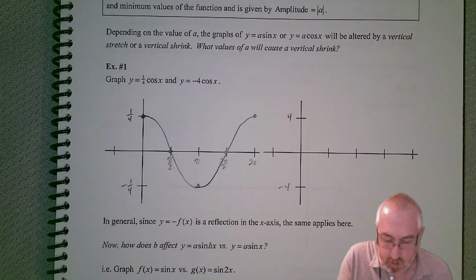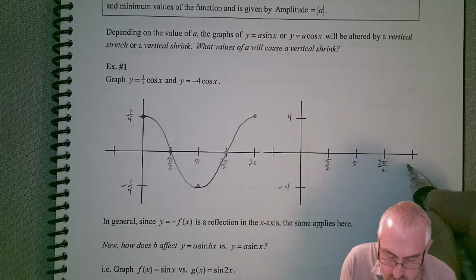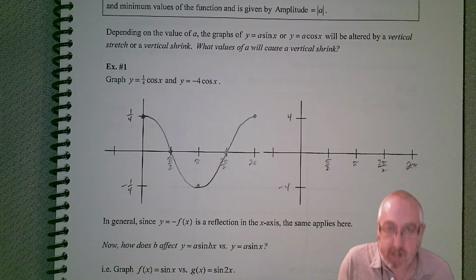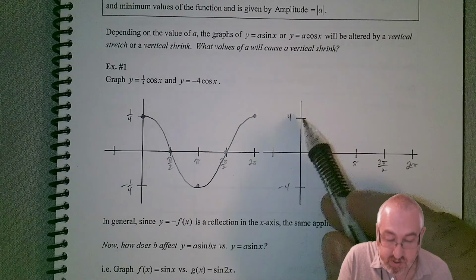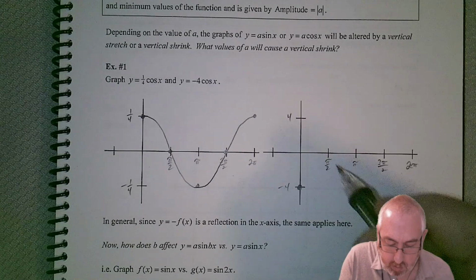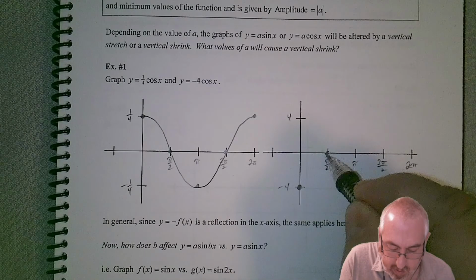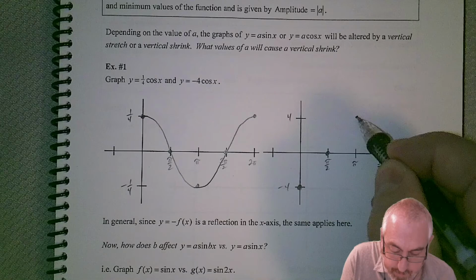Our x values are still the same. And so now, instead of starting up here though, we're going to have to start down here. Because it's multiplied by -4, all of our y values get flipped. So the whole graph gets flipped.